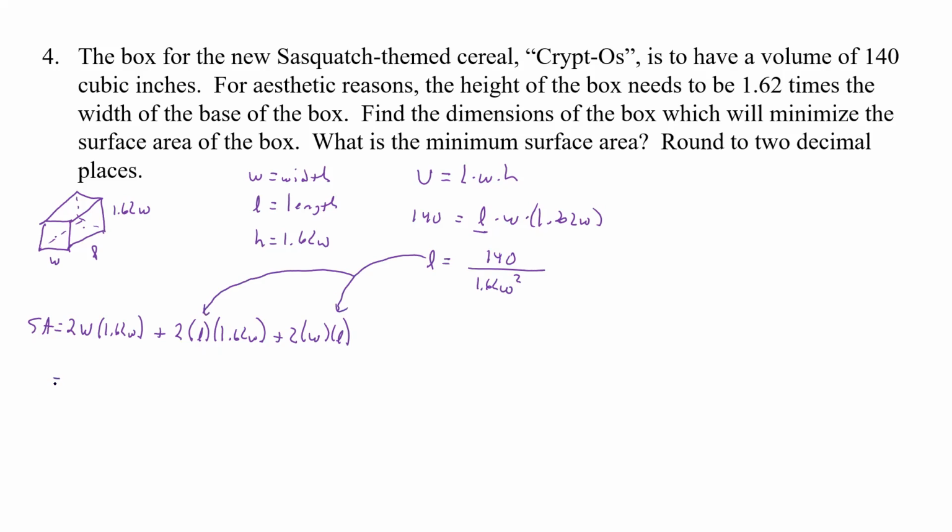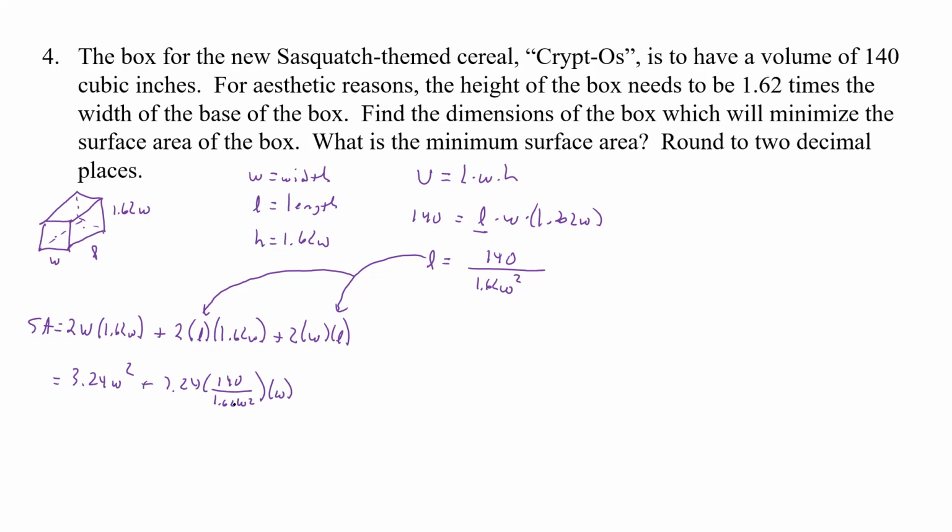And so I'm going to place that now in this L here and this L here. So this is going to give me 2 times 1.62. Maybe I should go ahead and multiply that out. 1.62 times 2 is 3.24. So 3.24 W squared, and then plus 3.24 times L, which is 140 over 1.62 W squared, and then that's times W still.